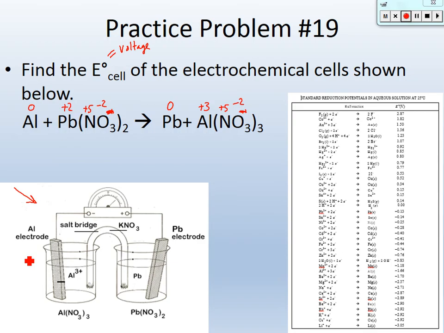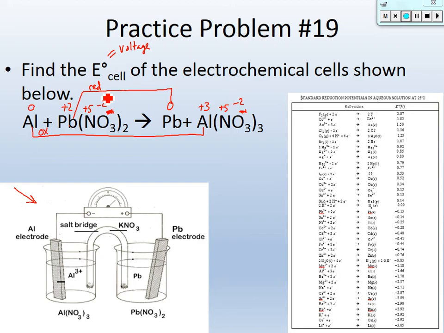Okay, now that we have the oxidation numbers assigned, we can figure out which one's being oxidized and which one's being reduced. Oxidation, you'll notice, goes up in oxidation number. So the one that's being oxidized is my aluminum. So I'm going to put ox right there. The one that's reduced goes down in oxidation number, so my lead here is being reduced.